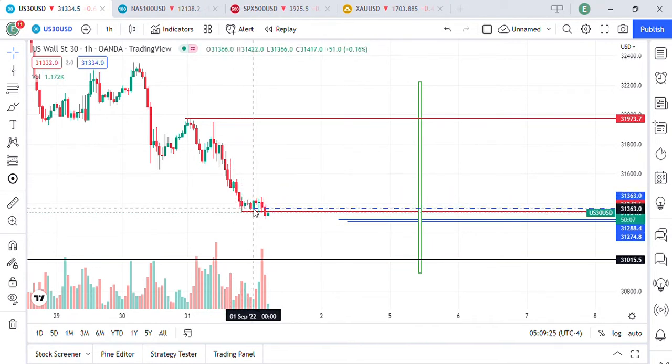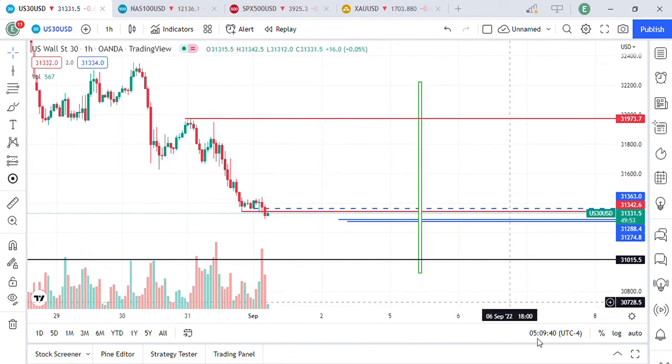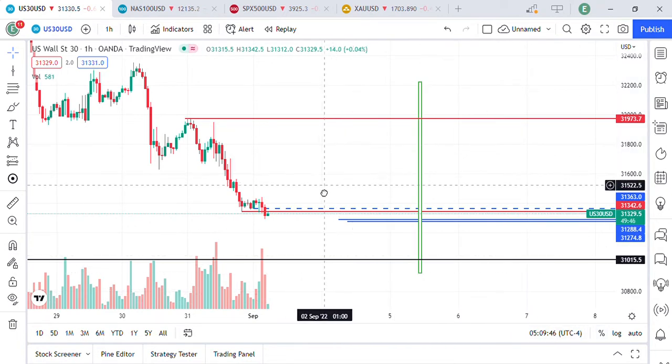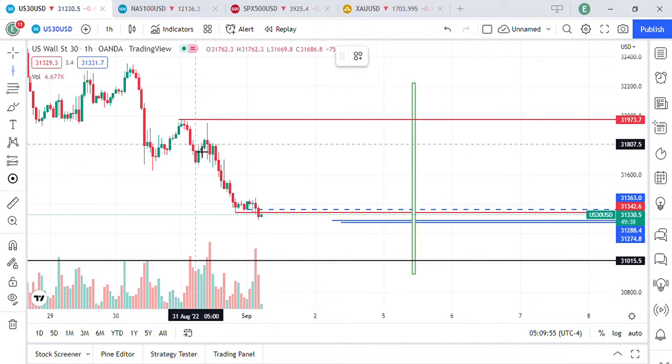Here's midnight, and we put it right there, so we know that at this level was the New York open at midnight. Bear in mind that I use New York time, UTC-4. This is what I use on my charts.